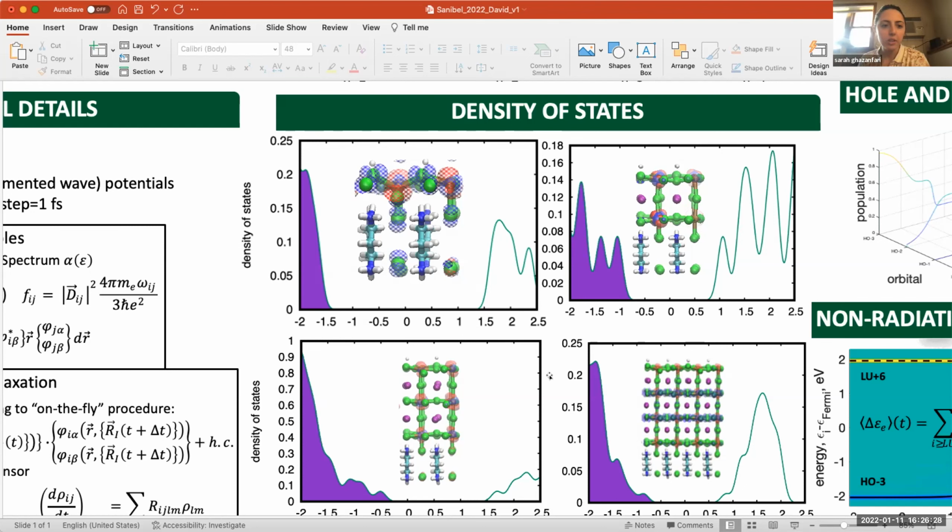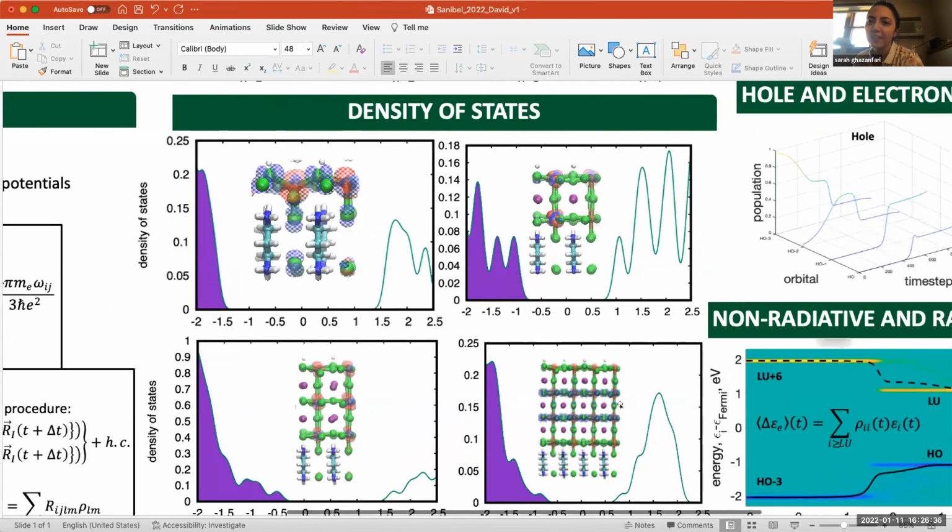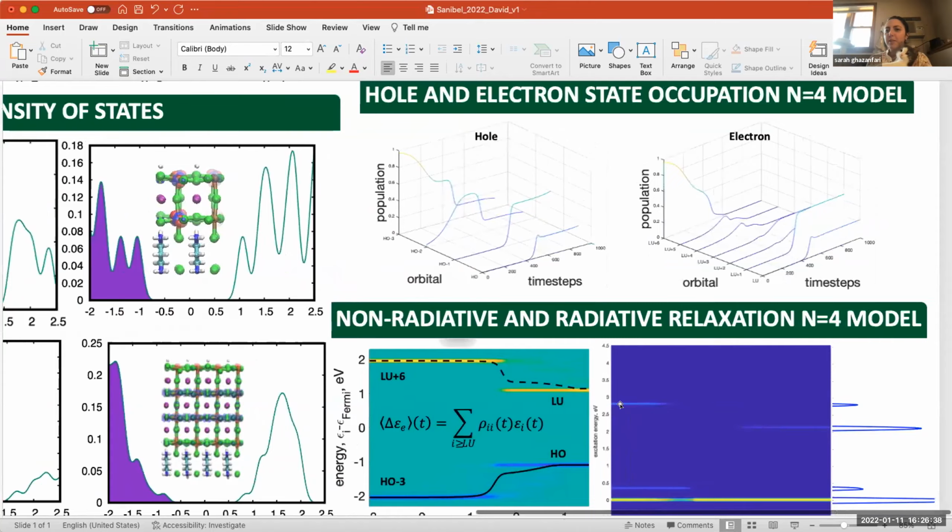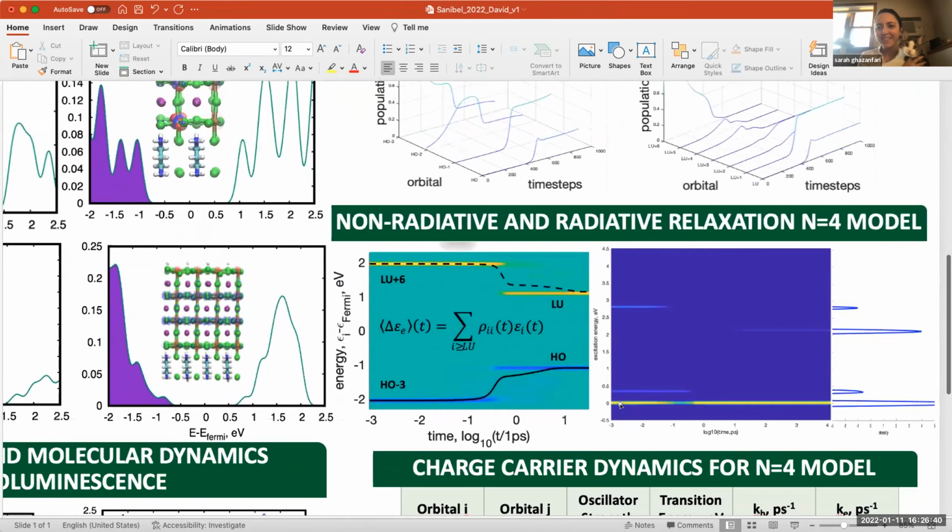I just have a question: what is the difference between radiative and non-radiative relaxation calculations? Actually, this is Pishy's question. Non-radiative relaxation would be your phonon interactions, whereas the radiative would be radiative relaxation.